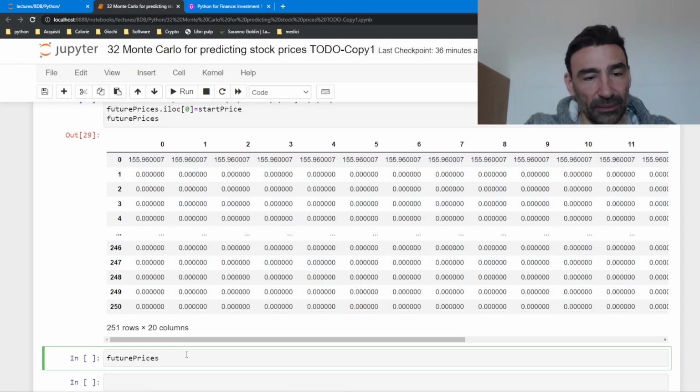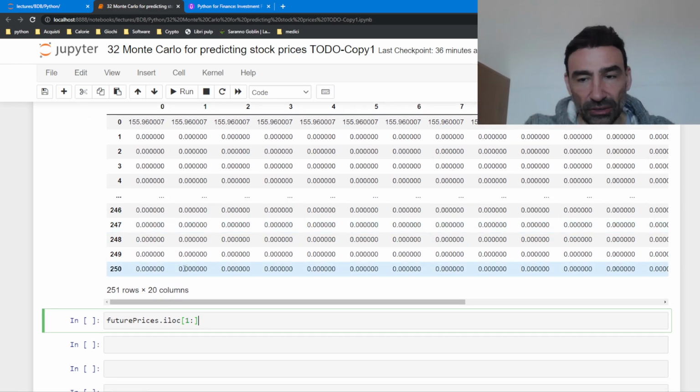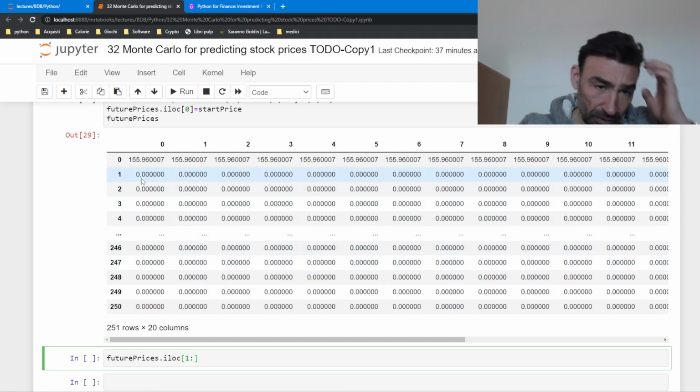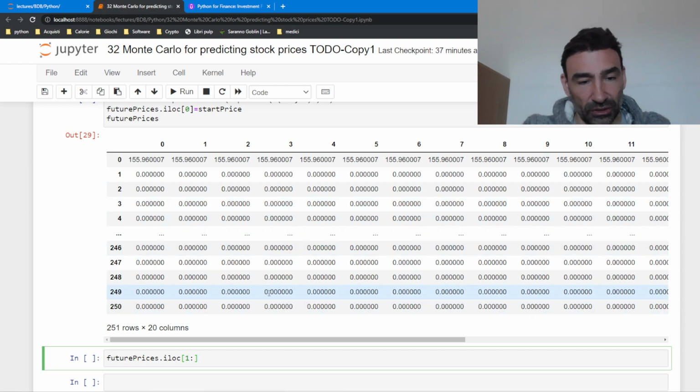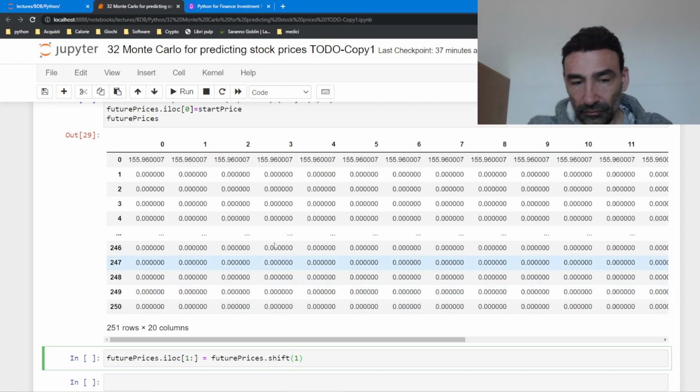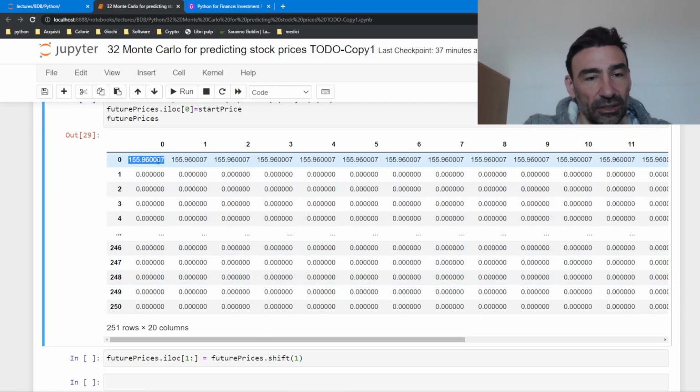I will skip the first one, so future prices dot iloc 1 colon. This will skip the first one. So we start from 1 up to 250. So there are exactly 250, equal to future prices dot shift 1. If you do shift 1, it means that this one will be none, this one will be 155.